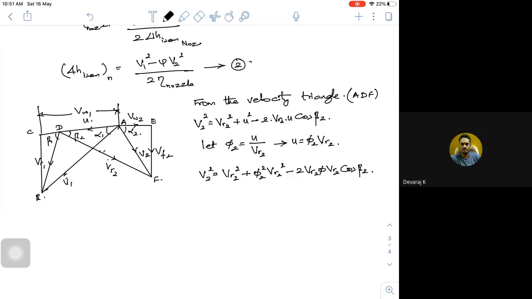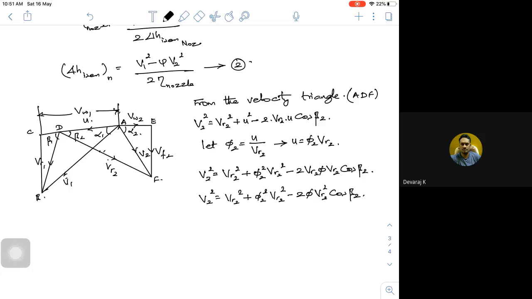Or I can write V2 square is equal to VR2 square plus phi 2 square into VR2 square minus 2 into phi into VR2 square cos beta 2.